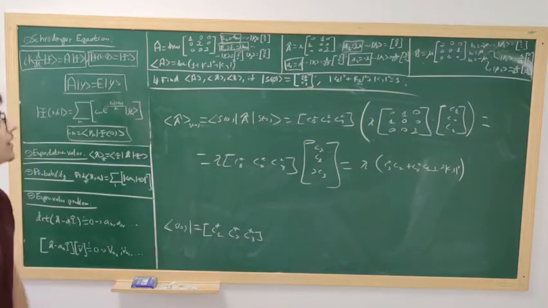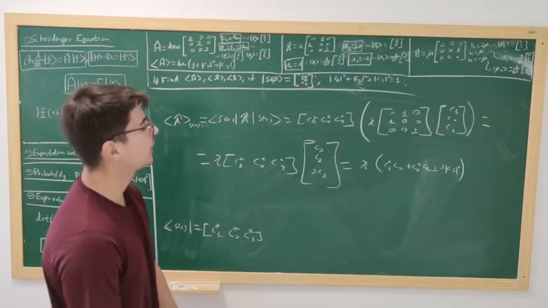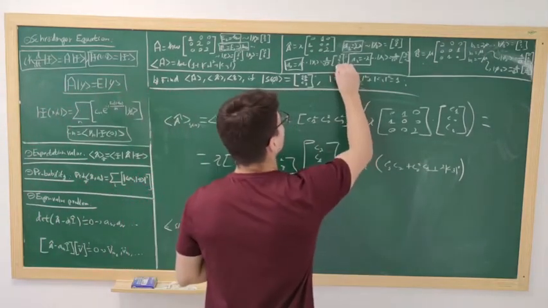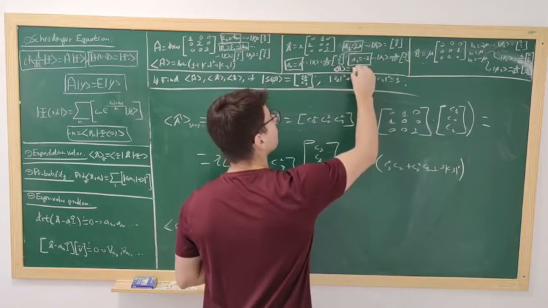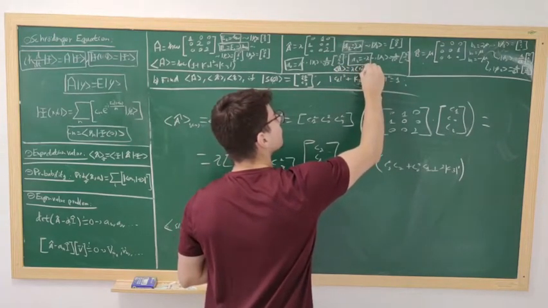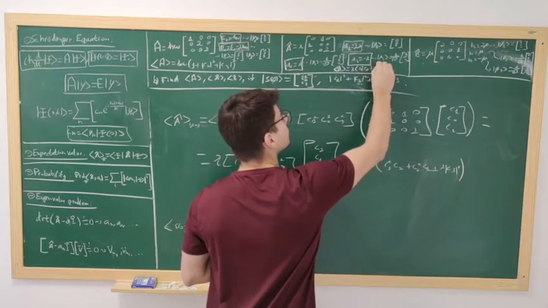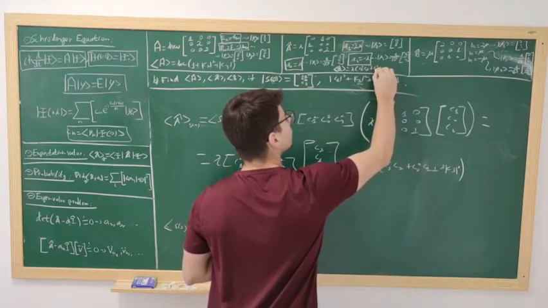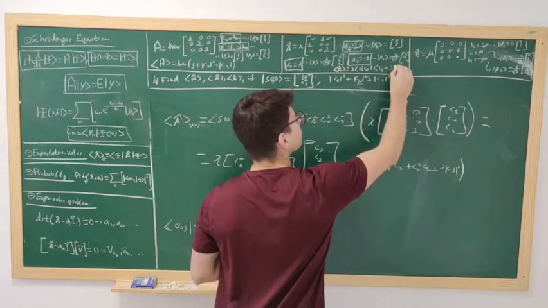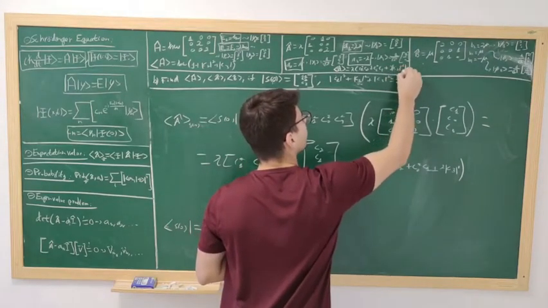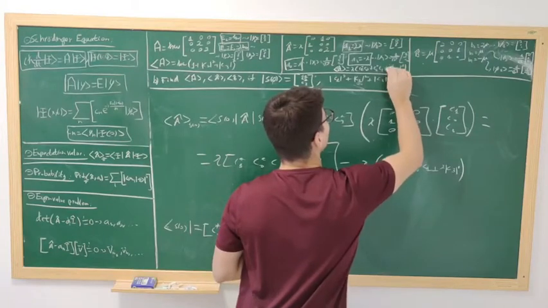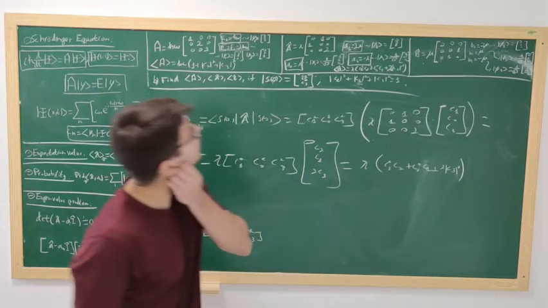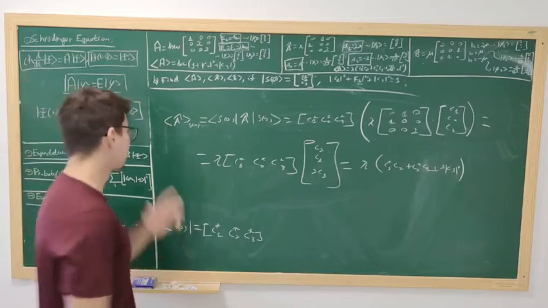This would be the expectation value of A. And where do I write it? Let me just put it here. Yeah, that will be it.